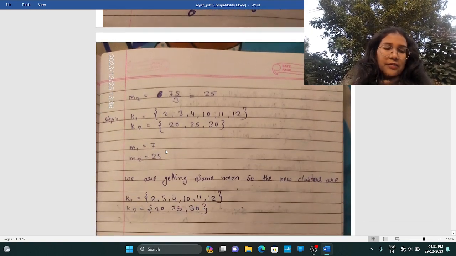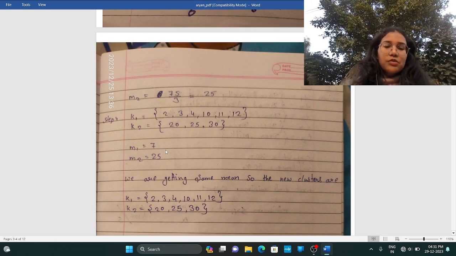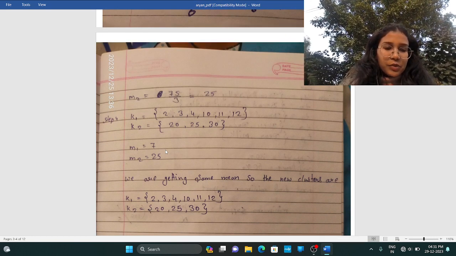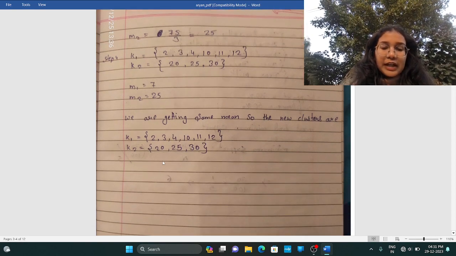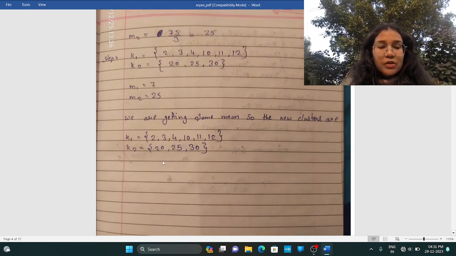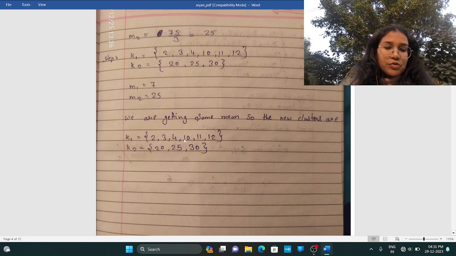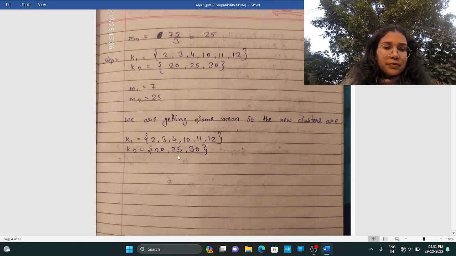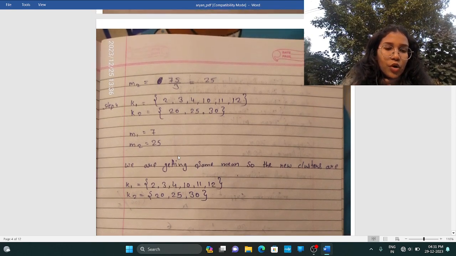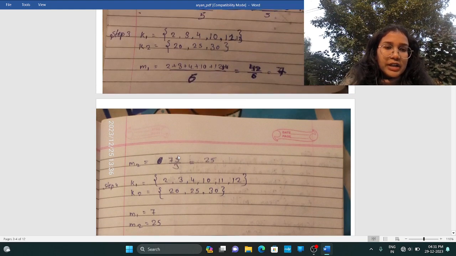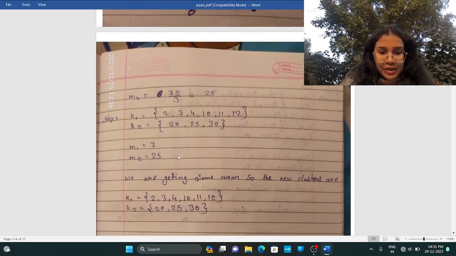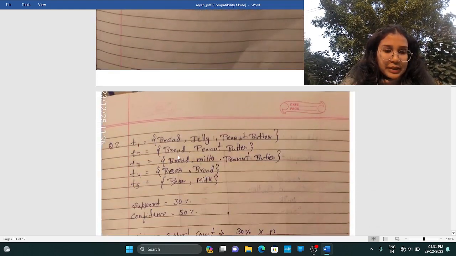Step 4: we have K1 and K2 as shown, and M1 is 7 and M2 is 25. We are getting the same means, so the new clusters are K1 as shown and K2 equals 20, 25, 30. We got the answer because M1 and M2 of step 4 and step 3 are the same. So question 1 is completed.